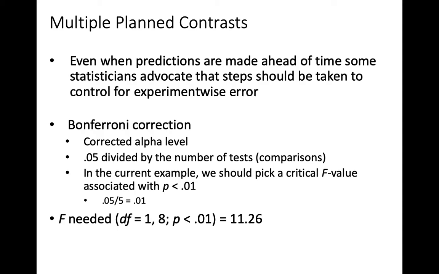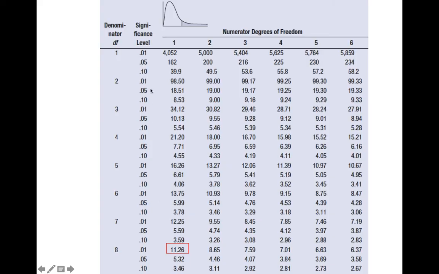When we just have 2 groups, degrees of freedom is 1. And then we retain the degrees of freedom within from our omnibus analysis. We had 8 degrees of freedom within, and we retain that. Then we use a corrected alpha of 0.01. Looking that up in the table, with 1 degree of freedom between, 8 within, and a new p-value or alpha level, synonyms really, of 0.01, we've got a critical F of 11.26.